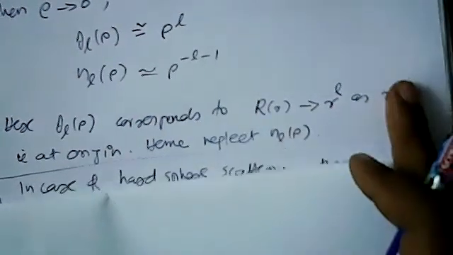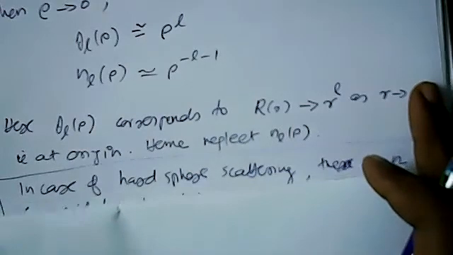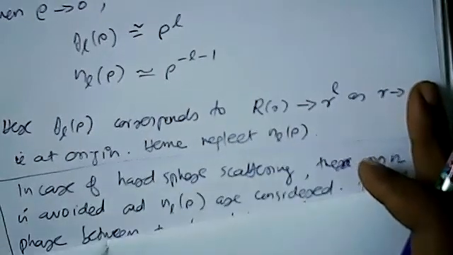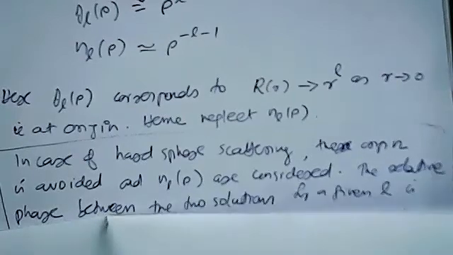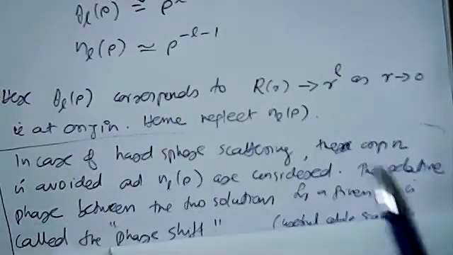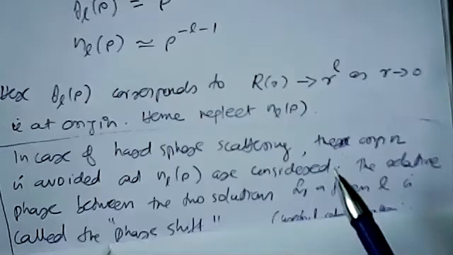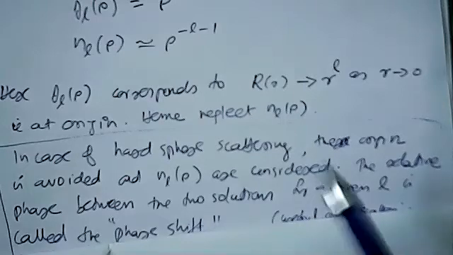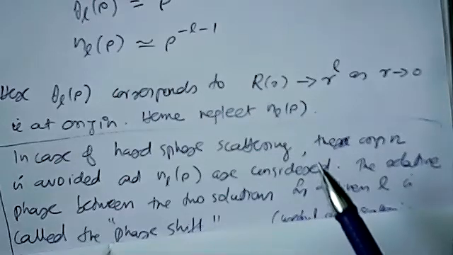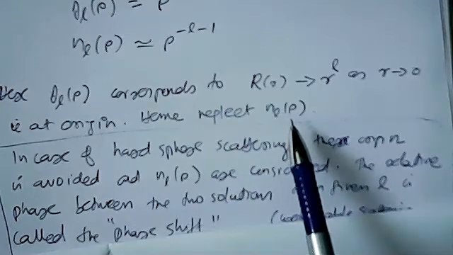So you take only this one, you neglect the spherical Neumann function. But remember, in the next semester you will learn the scattering problem, scattering by a rigid sphere, a hard sphere. Nothing can go to the center because there is a hard sphere at the center. Then you have to consider N_L also, the spherical Neumann function. So just remember this idea.